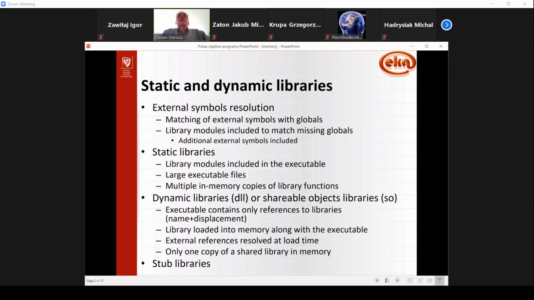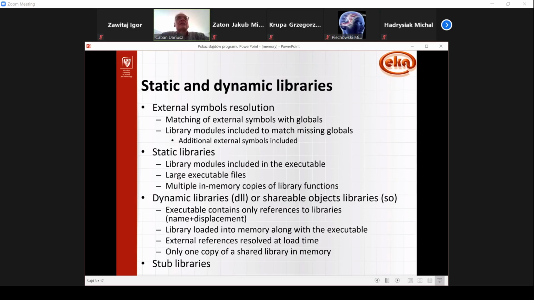So this library, as I have said, must be loaded at the same time as the executable. But if the library is already loaded by some other running program, the new program being loaded will reuse that library which was earlier loaded.